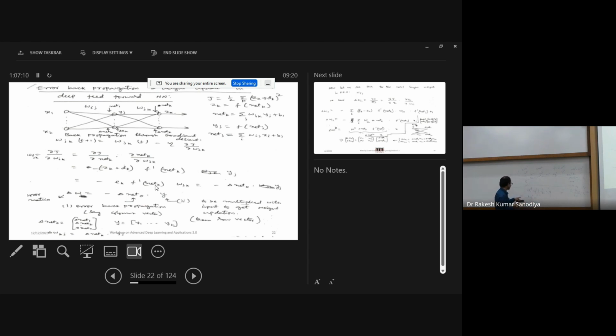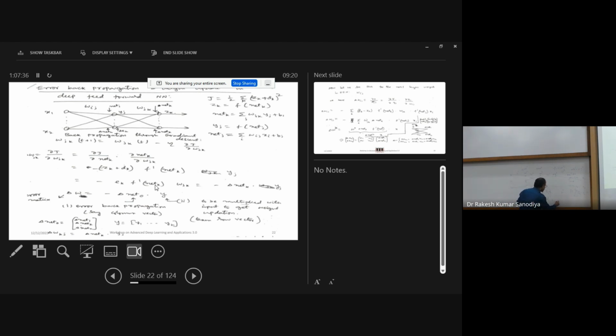You take this delta net value and the input here, and multiply, nothing else. So it is delta net 3, which is the error or gradient here, multiplied by y2. That's all.